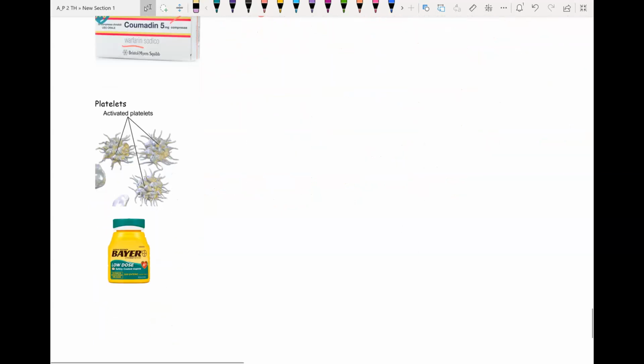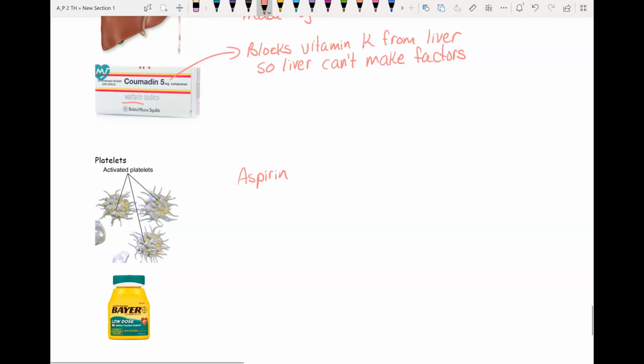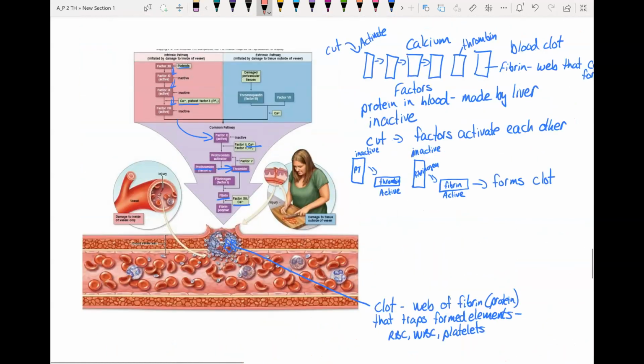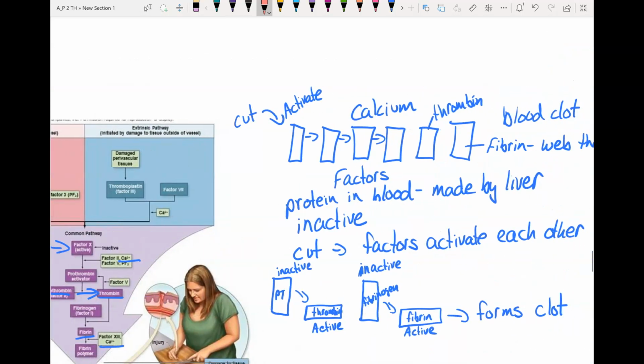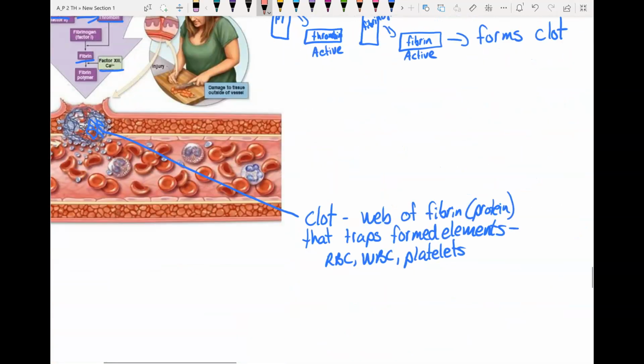Another common one is aspirin. If we look back up here, notice the platelets are what activate the first factor. So that's kind of the very first thing here in our chain of dominoes, is the platelets activate the first factor. Aspirin blocks this.